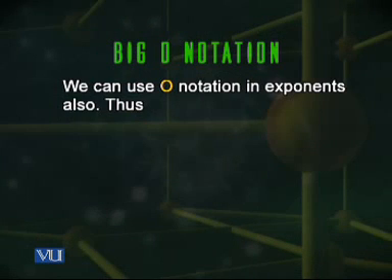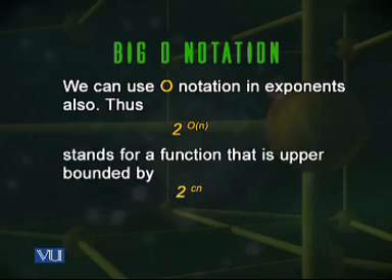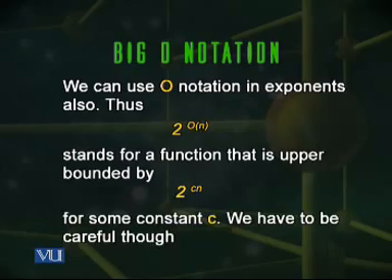We can also use the big O notation in exponents. However, we have to be careful. Suppose I write 2 to the order n. This stands for a function that is upper bounded by 2 to the cn for some constant c. In this case, when the constant appears in the exponent, we cannot ignore it.